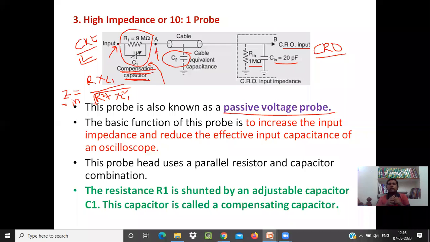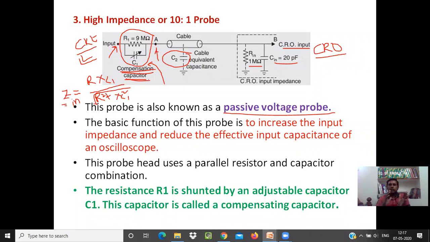If any probe circuit uses RLC components at the input side of its construction, then it is a passive probe, because it uses passive elements at the input tip of the probe. If the probe circuit uses a FET, field effect transistor, or a BJT, bipolar junction transistor, at the input side, then it is an active probe.